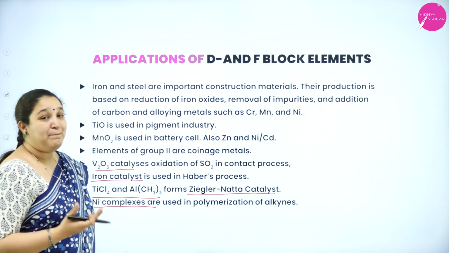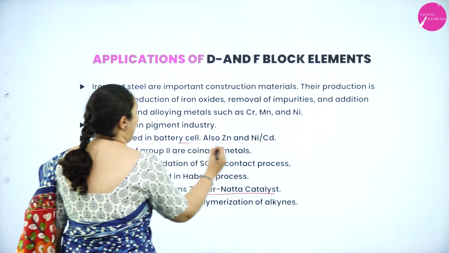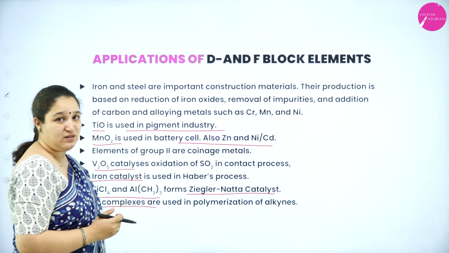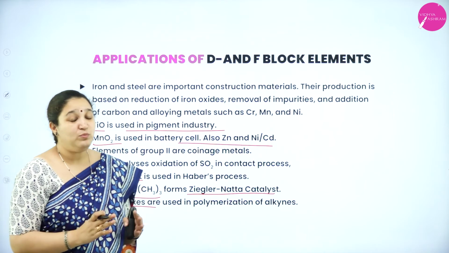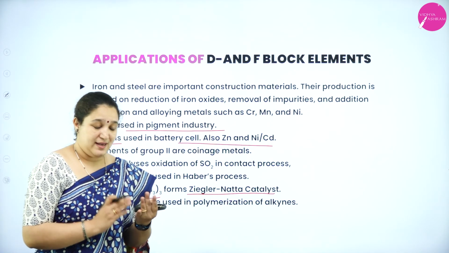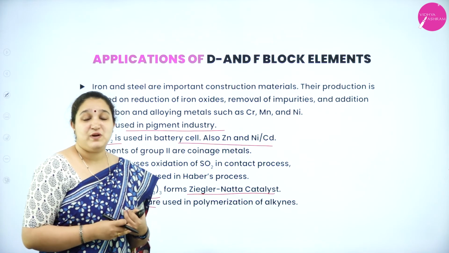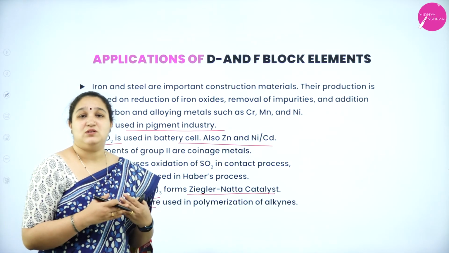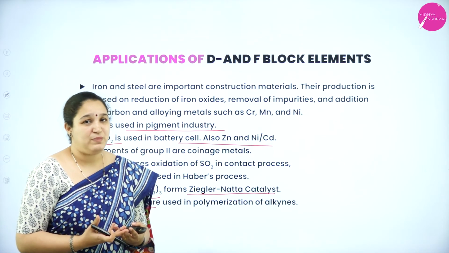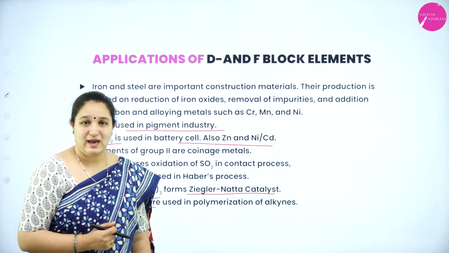Not only that, manganese dioxide is used in batteries, TiO2, titanium oxide, is used in pigment industries, and one more main application is alloys. Extraction of iron and preparation of stainless steel have wide usage, and that's the main application of D and F block elements.